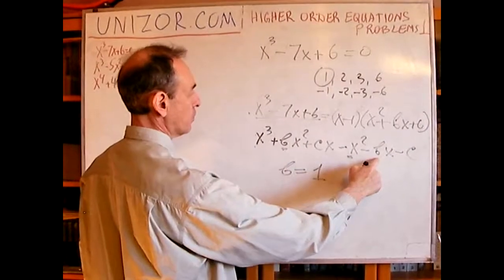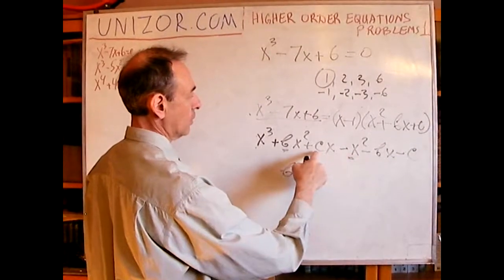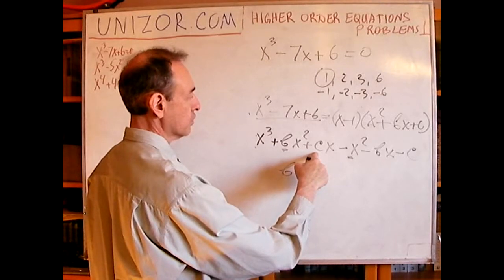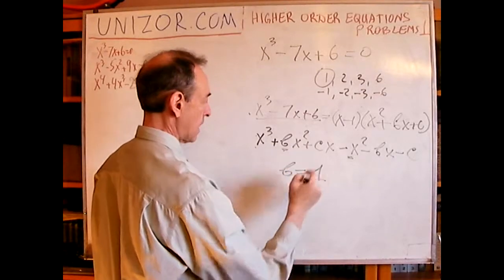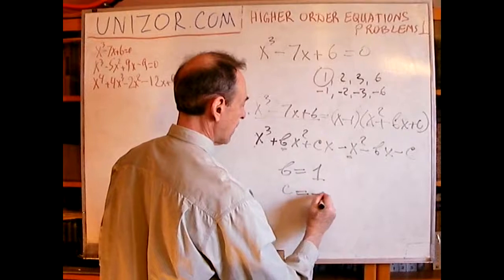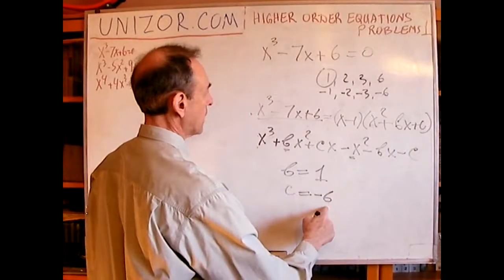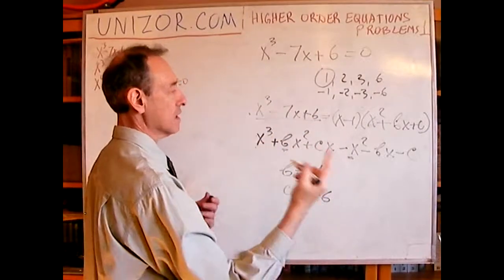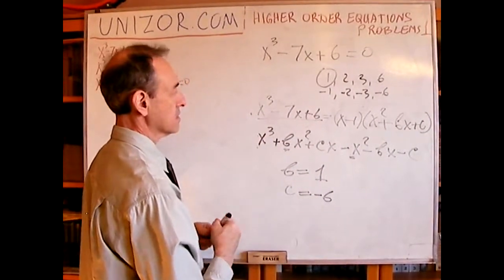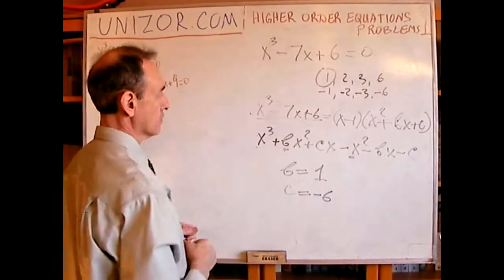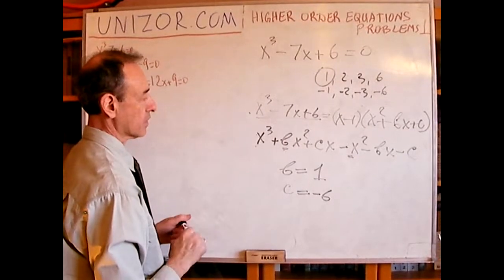So b is equal to 1, so c must be equal to minus 6. Then minus c would be plus 6, which corresponds to this, obviously, because 1 is the root of this polynomial, as we were already saying.